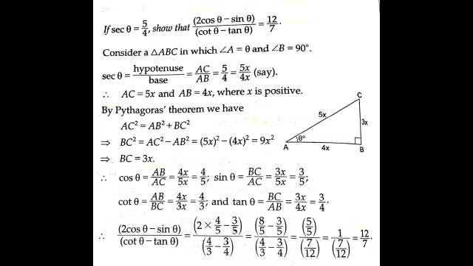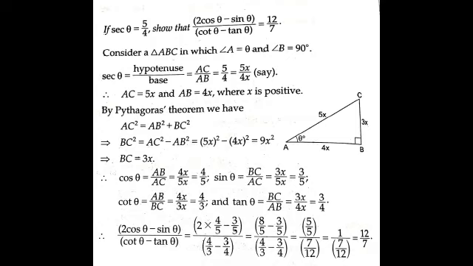Now using the Pythagoras theorem in triangle ABC, we can write AC square is equal to AB square plus BC square. That is, BC square can be written as 5x whole square minus 4x whole square, which results as 9x square. Therefore BC is equal to root under 9x square, which results as 3x. I am considering the positive value.